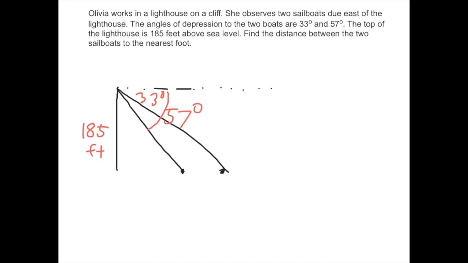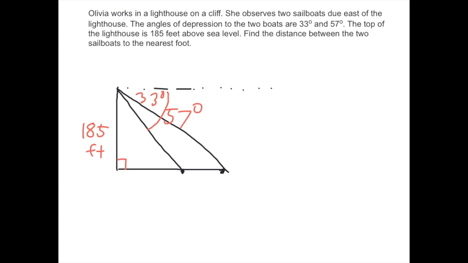And it wants you to find the distance between the two sailboats to the nearest foot. So in this picture here, we essentially have two triangles, one of them being a right triangle, or three triangles if you really look at it, but two right triangles.